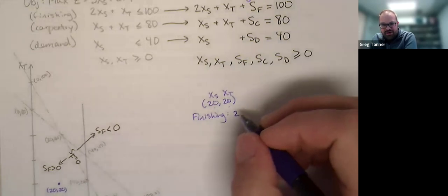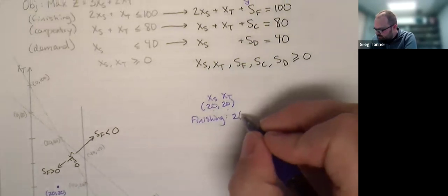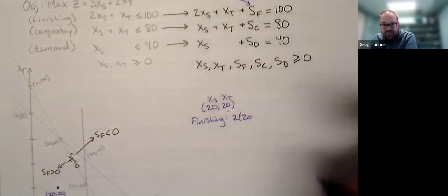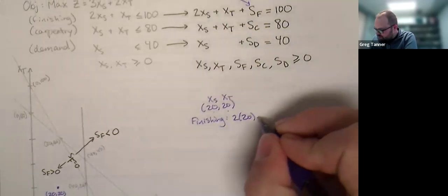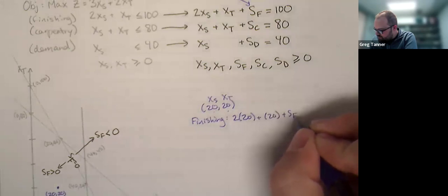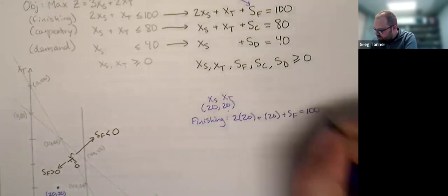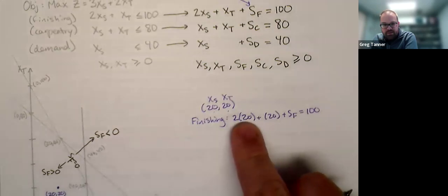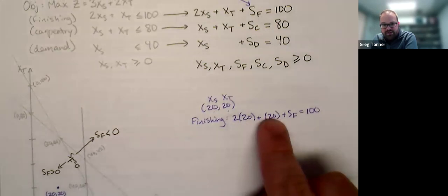Okay, so if we plug in 20, we've got 2 times XS, which is 20, plus XT is 20, plus SF equals 100. And so this is going to be 40 plus 20 is 60.